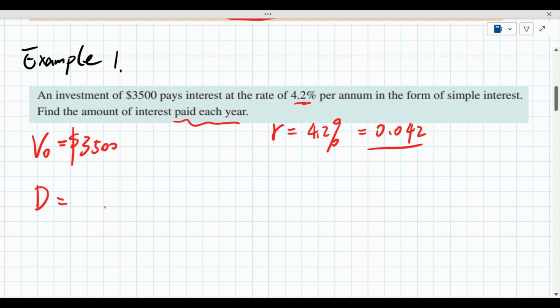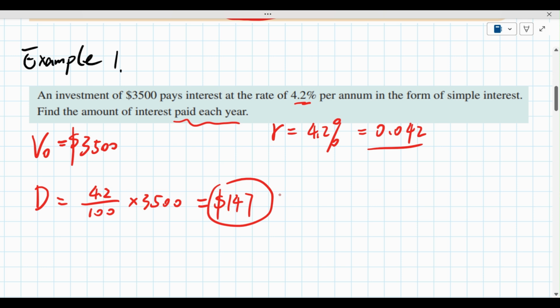Capital D is what we're going to calculate, which is 4.2 divided by 100 and multiplied by 3,500. We use the CAS calculator to calculate this: 4.2 divided by 100, multiplied by $3,500, which gives $147.